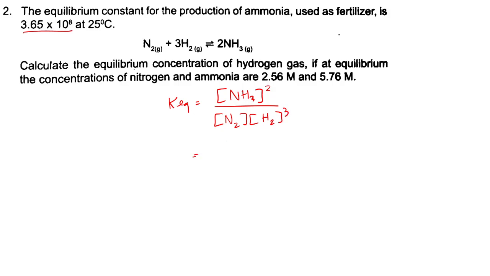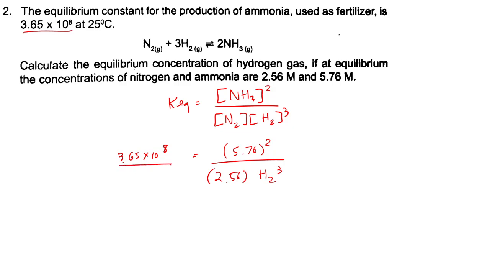Then we can plug in the given values. 3.65 times 10 to the power of 8 is equal to the molar concentration of NH3, that's ammonia, which is 5.76 molar, raised to the power of 2, over the molar concentration of N2, or nitrogen, which is 2.56 molar, times H2 cubed, since we're finding H2 here.